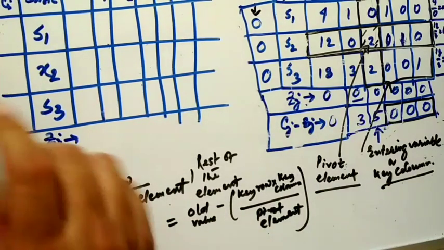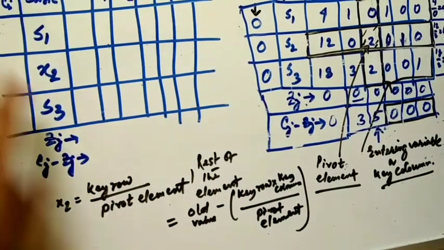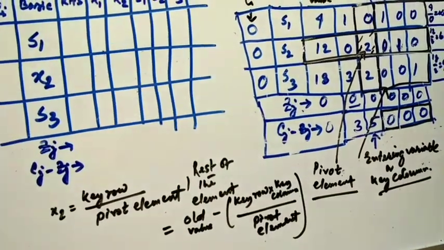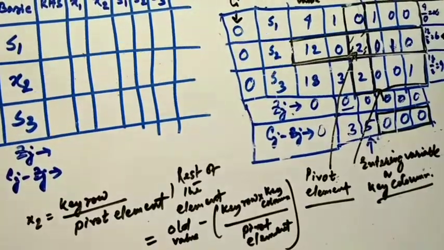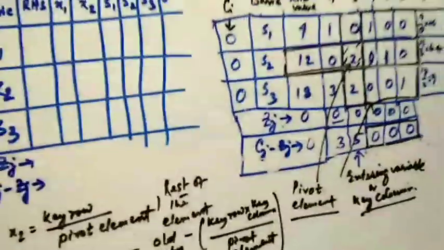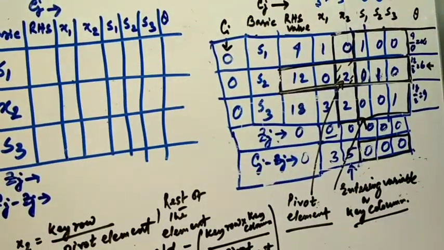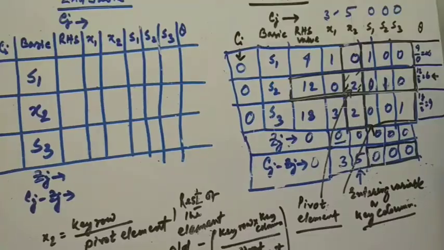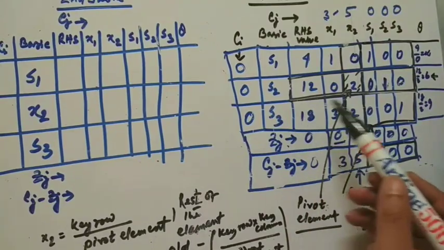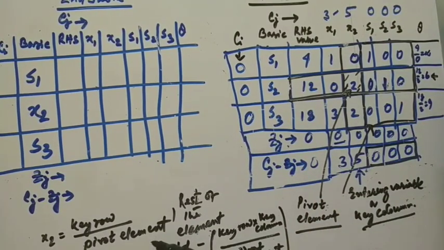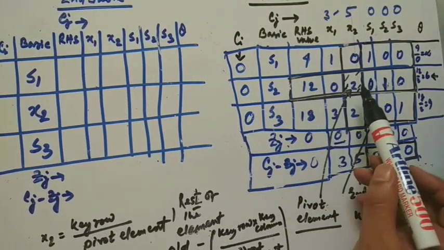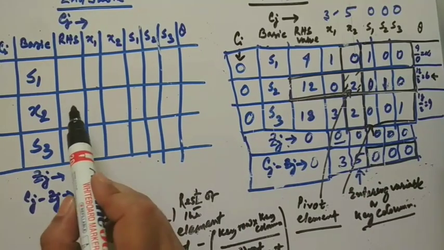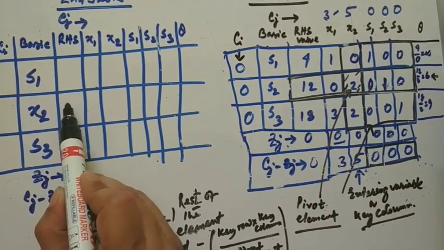Let us see how to construct it. First we will construct X2. How to construct the X2? It says key row by pivot element. So we have to divide this key row with the pivot element. The first one is 12 and the pivot element is 2, so 12 by 2 is 6 over here.